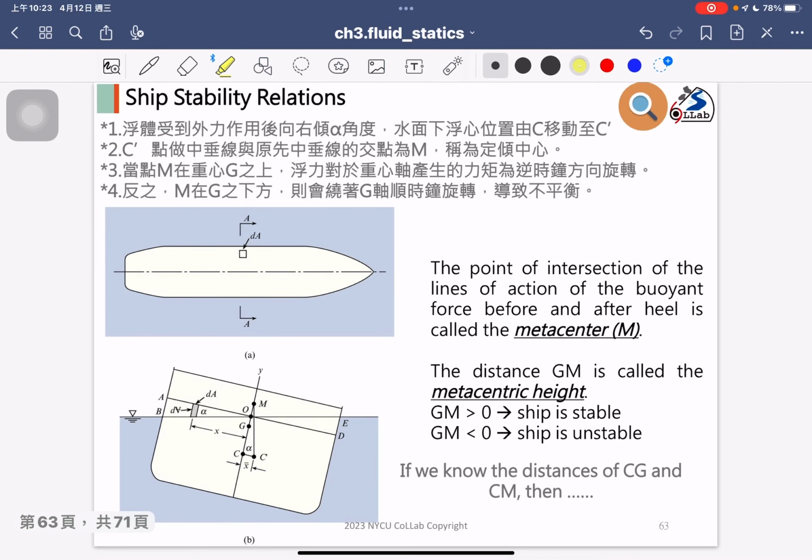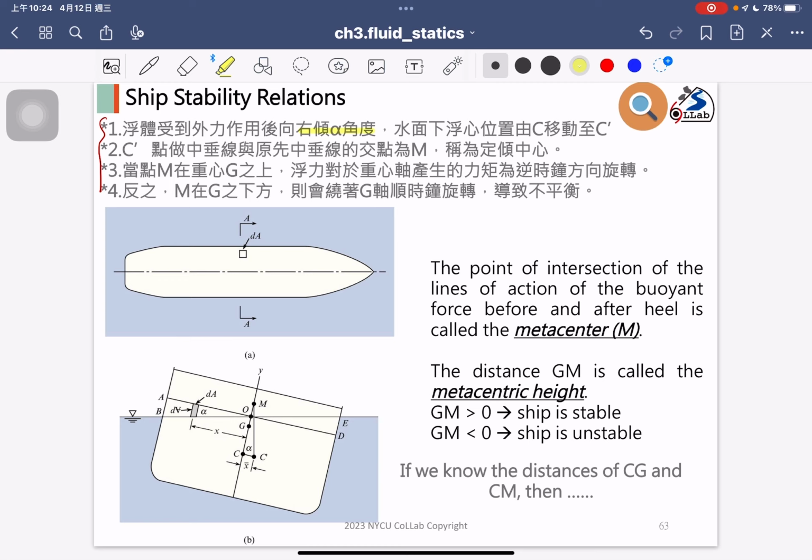Okay, so this slide just shows all the steps for the stability analysis. Totally we have 4 steps, and I just use Chinese words to make the interpretations for step 4. So from step 1, we know that the alpha angle is our rotating angle after the disturbance of the ship.